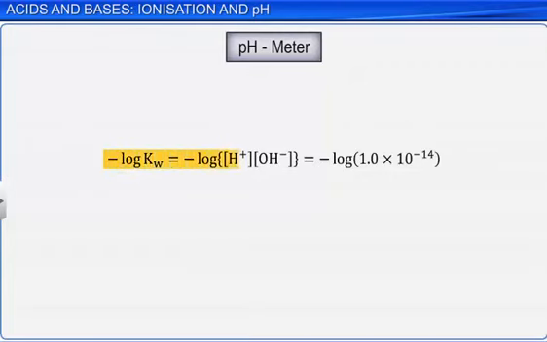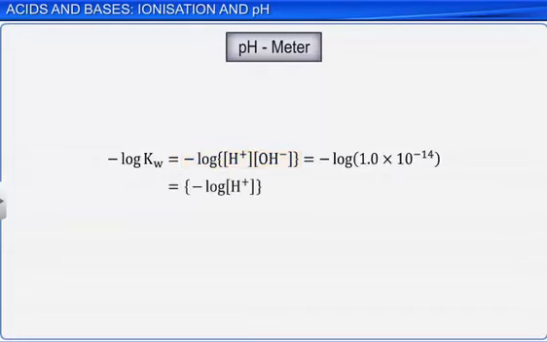Negative log of the product of H+ and OH- ion concentrations can further be written as negative log of H+ ion concentration plus negative log of OH- ion concentration. This is equal to negative log of 10^-14.